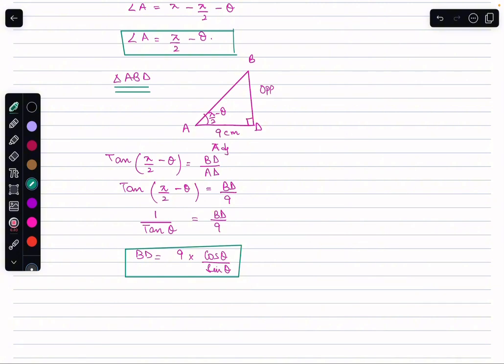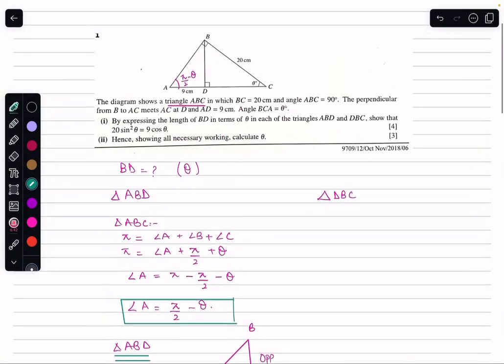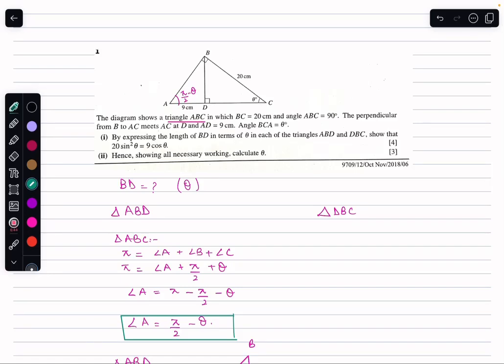Next was to solve with respect to the triangle DBC. I know that DBC is right angled at D. We have angle θ here, and this side is equal to 20.